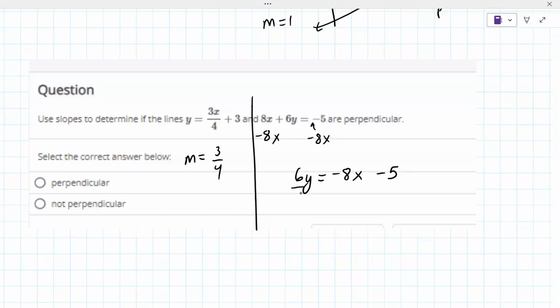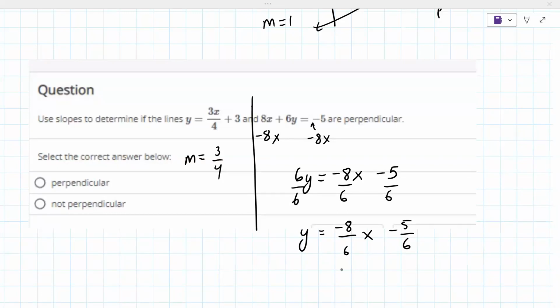Not 6y, just the number. Okay. What does minus 8 over 6 reduce to? It would be negative 4 over 3.